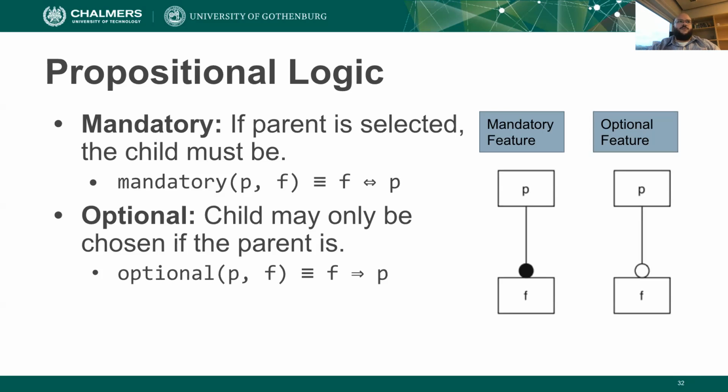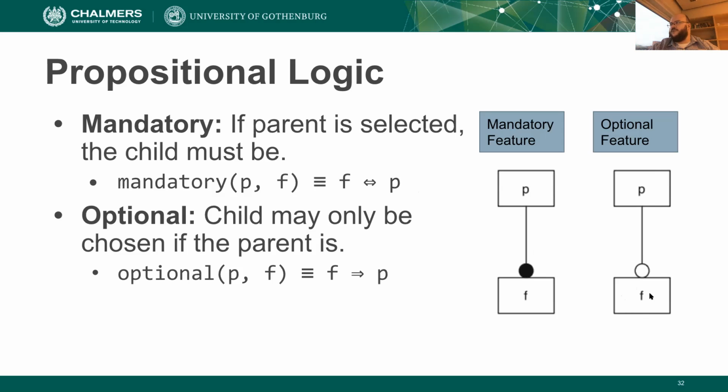And so in our example, we have two features, P and F, where P is the parent of F, right? So when we have a mandatory feature, when you have this filled circle, that implies that if either of these is selected, the other must be as well. So if we select feature P, we must also select feature F. If it's optional, it's the empty circle. That means that if we select P, we don't necessarily have to select F as well.